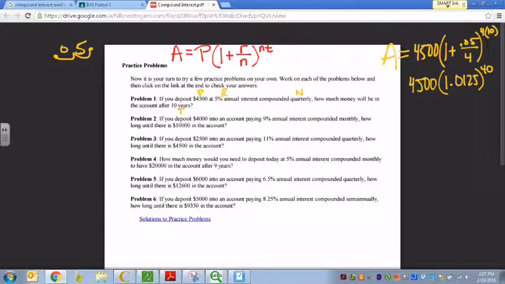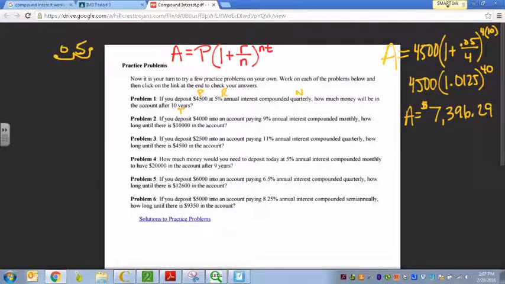Then I go to the 40th power, and I get 1.6436, but I want to leave all those decimals, because when I multiply by 4,500, it will give me the most accurate answer. And so the amount of money I'll have after 10 years is $7,396.29 if we're rounding. Okay, so that's how we approach this problem.